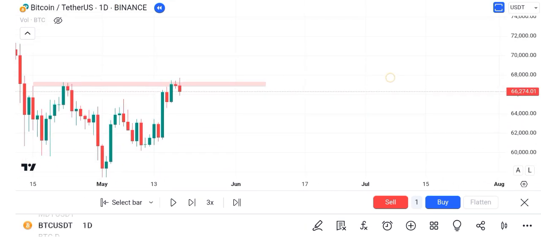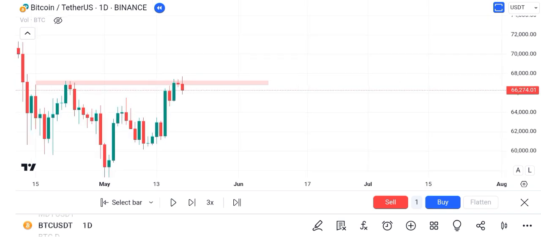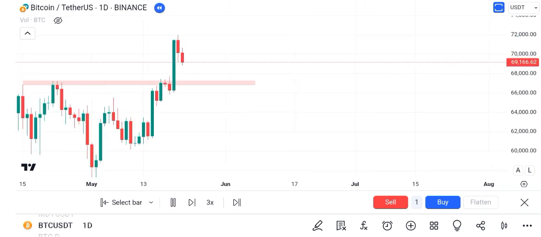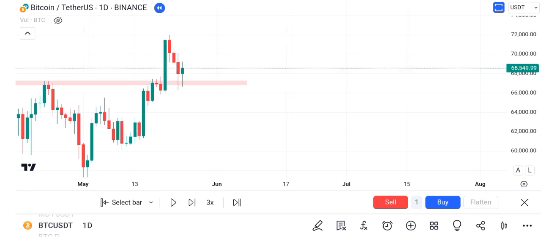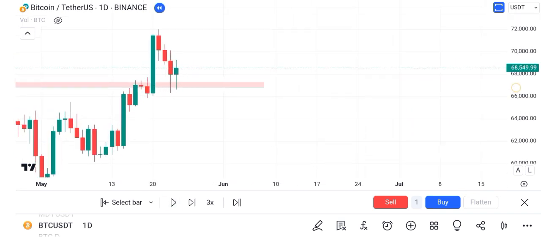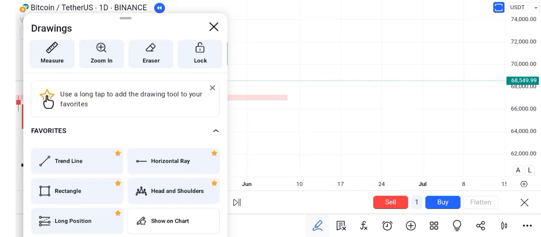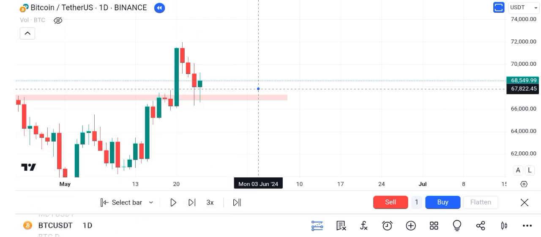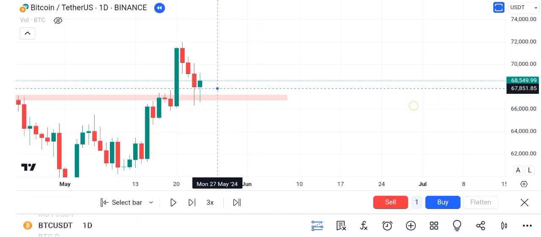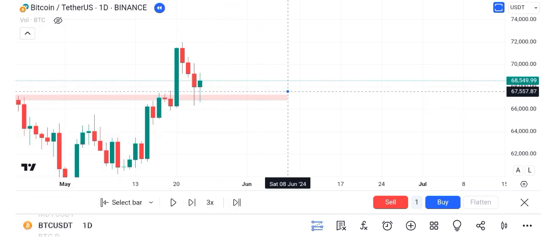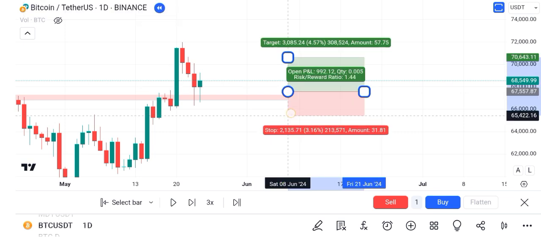Notice one thing, that if the price, instead of taking rejection from the resistance level, breaks that resistance level, now that resistance level will act as a support for that price. It means that the price will now take a bounce from that level and that resistance level will convert into a support level.